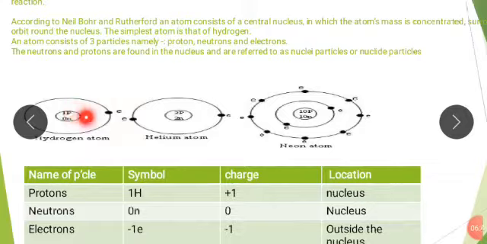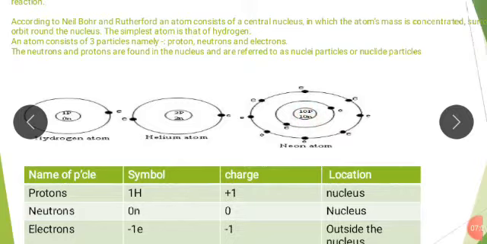Then outside the nucleus here we have electrons. The same goes for this helium atom, we have electrons outside here, and protons and neutrons, you can see them inside. Then also this neon atom, you can see we have electrons outside here, and the protons and neutrons are found inside there.